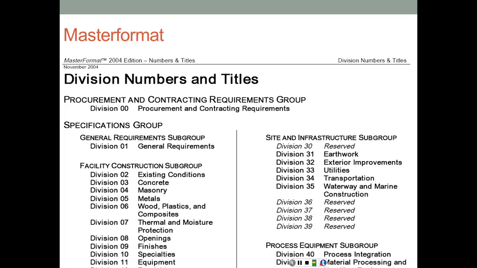Instead of the 16 divisions, now it's anywhere between 48 and 49 divisions. So they broke down these divisions into more details, and there are some divisions that are still blank, reserved for further addition, like 36, 37, 38, 39. There's nothing in there, but something can be added in the future to this set of specifications.